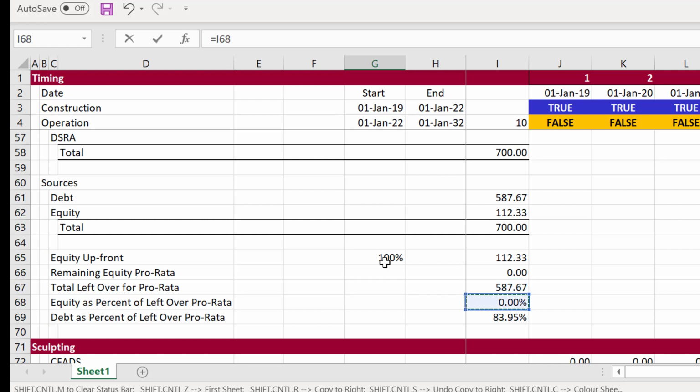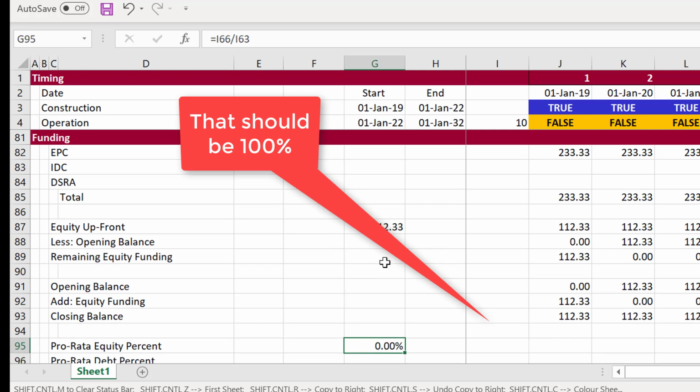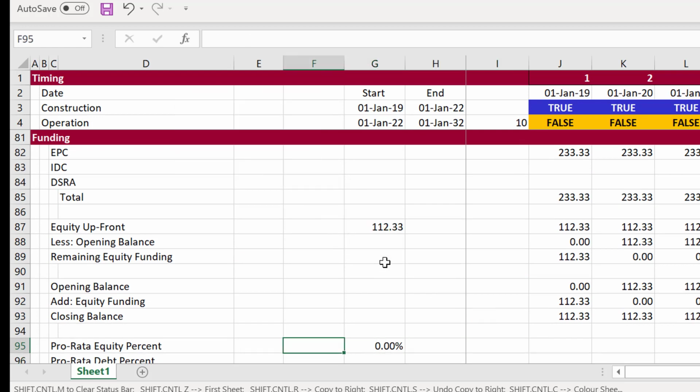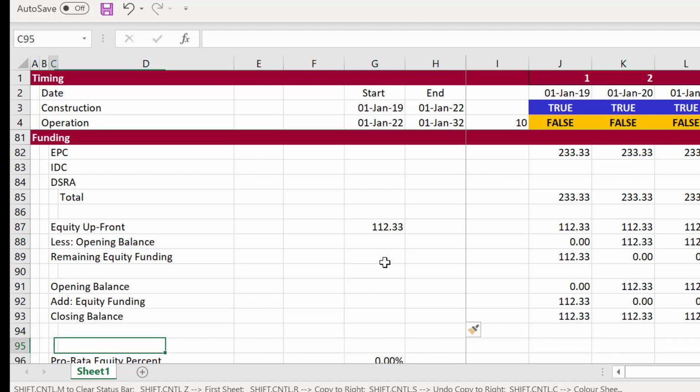And let's take that equity that's left over as a percentage of the leftover amount, and then the debt that's left over as a percentage of the amount. That's what I should have done. Okay, idiot I am. And then let's even put here leftover for pro rata.